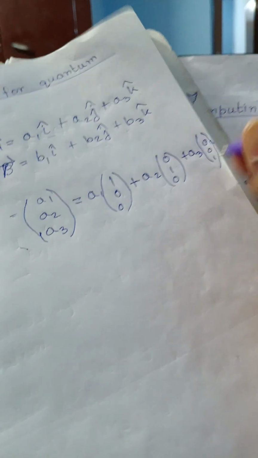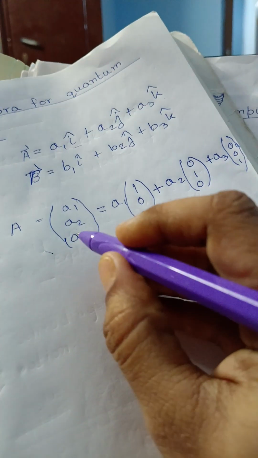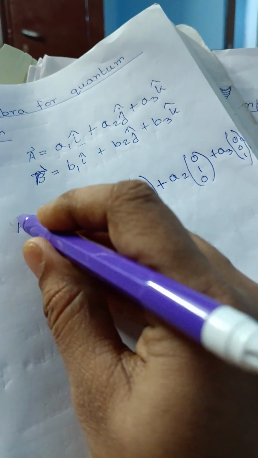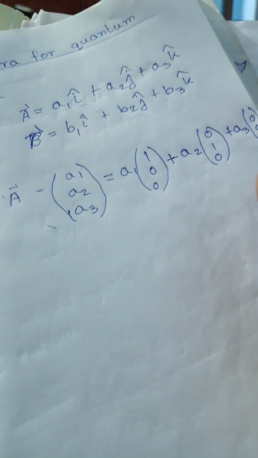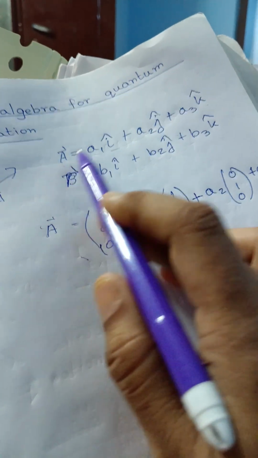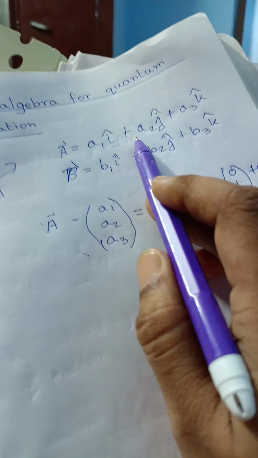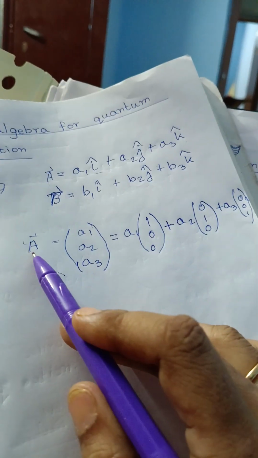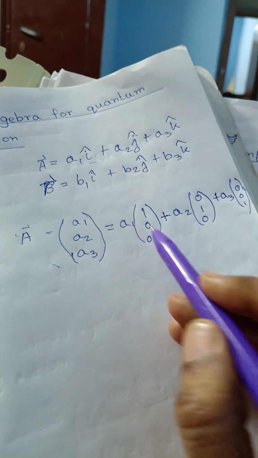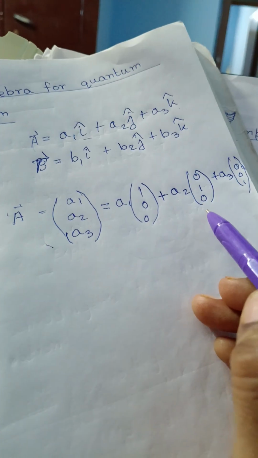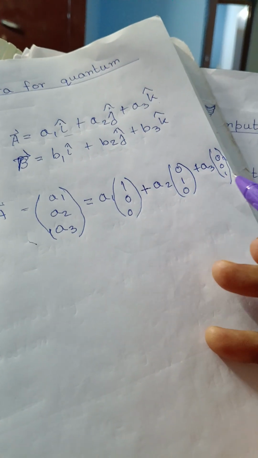If we do this addition, it will generate the column matrix A1, A2, A3, which represents the vector A. Now you see here, what did we write? A vector is A1 i cap plus A2 j cap plus A3 k cap. And what did we get here? A vector is A1 into the column matrix 1 0 0 plus A2 into the column matrix 0 1 0 plus A3 into 0 0 1.